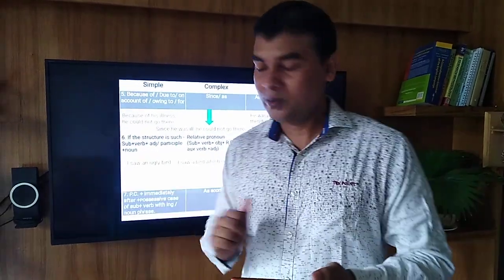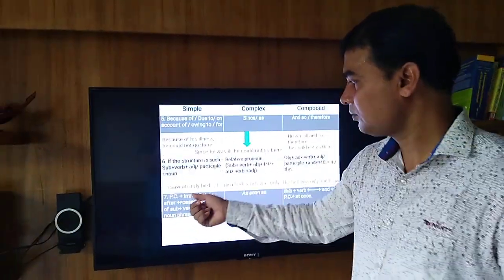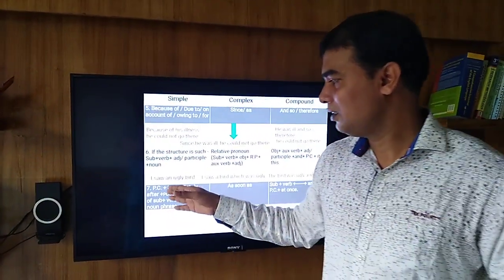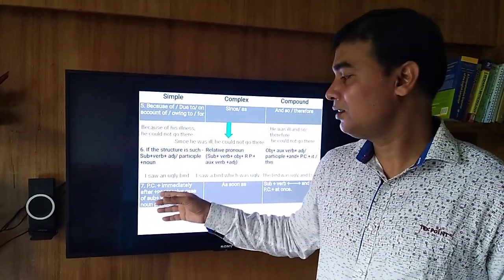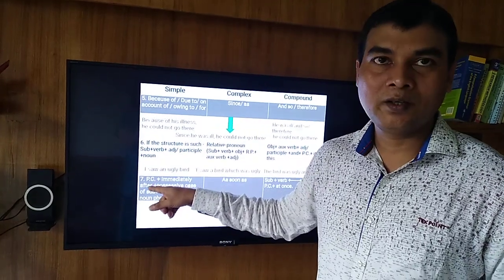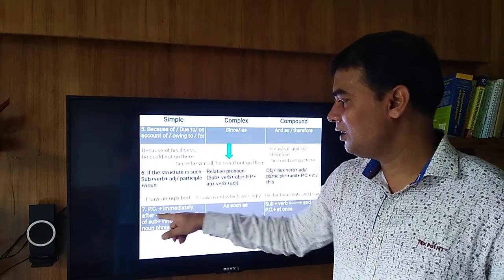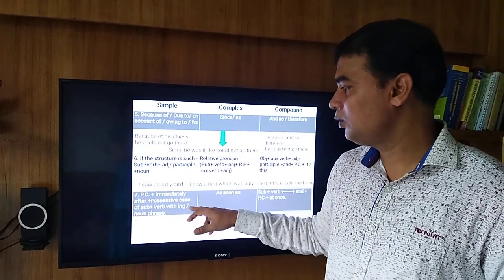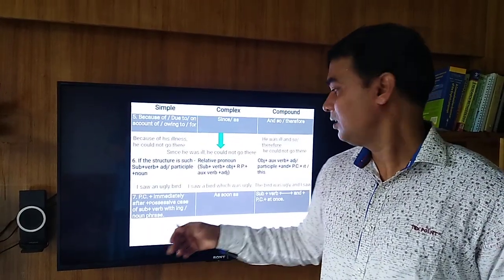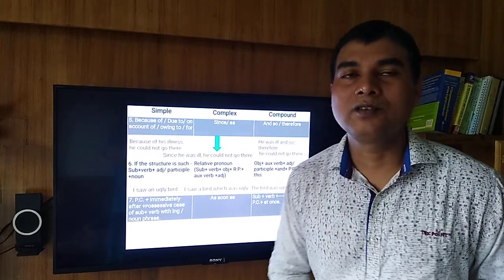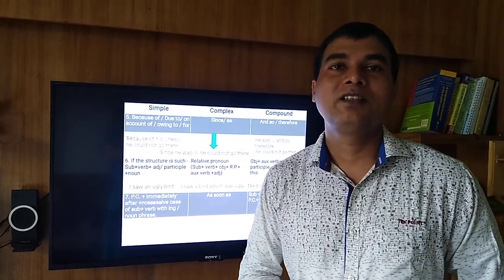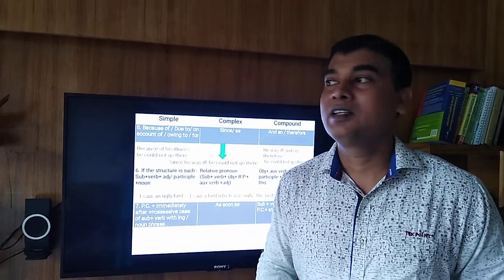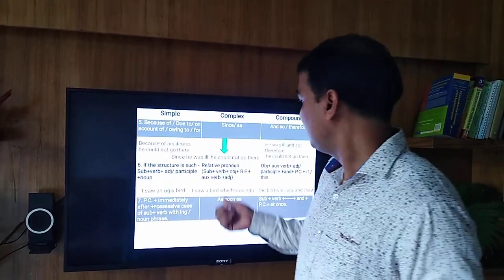Okay. Now technique number 7. If you find the structure of a simple sentence is as such, that means it starts with the principal clause, then immediately after, then the possessive case of the subject, and then a verb with ing or a noun phrase, then while you convert it into a complex sentence, you should use "as soon as" as the subordinate conjunction.